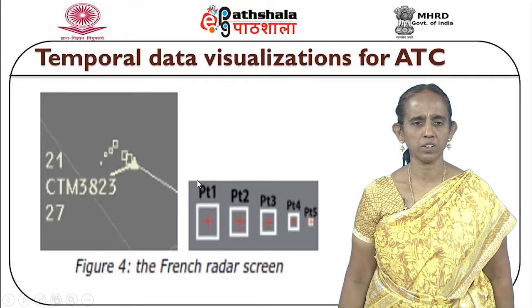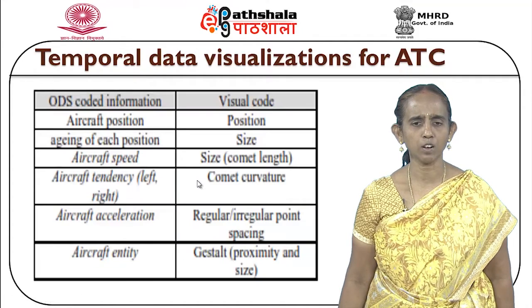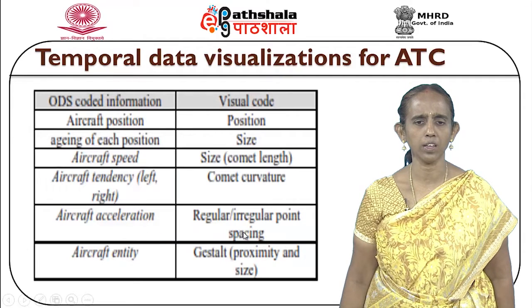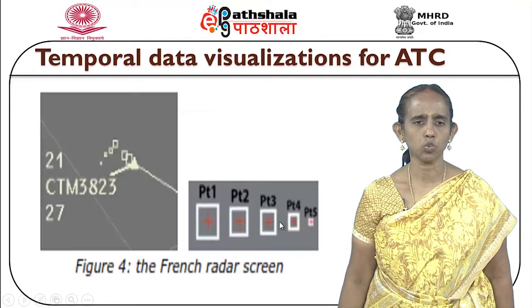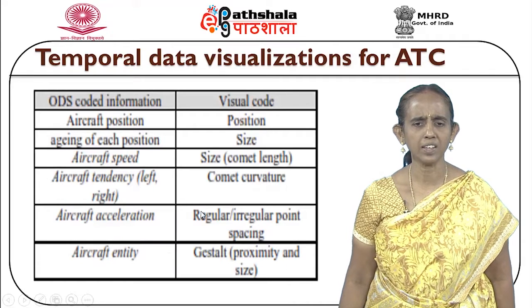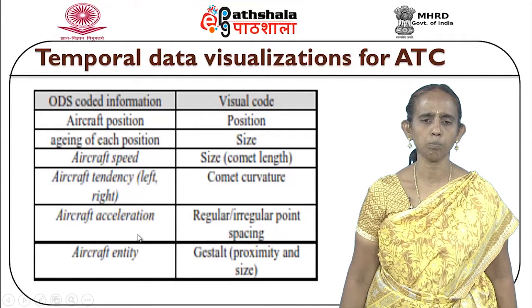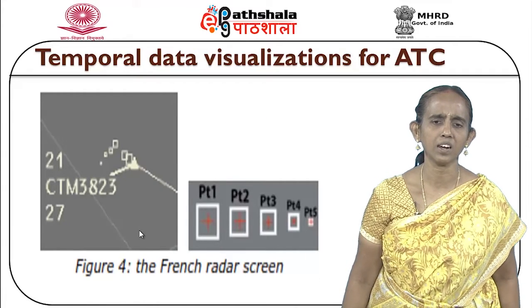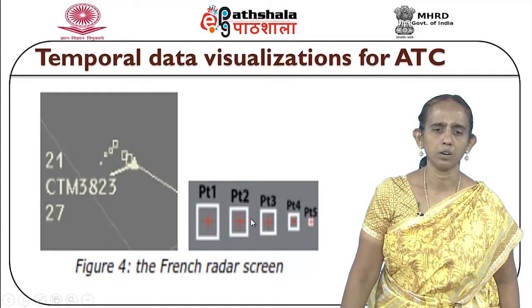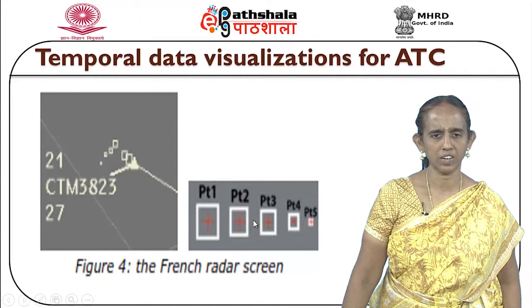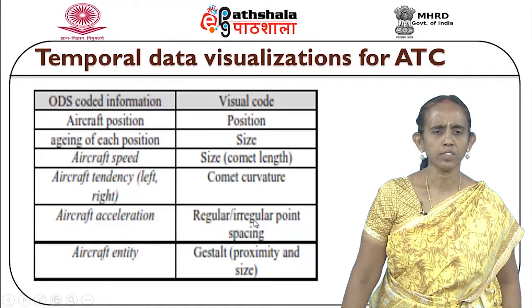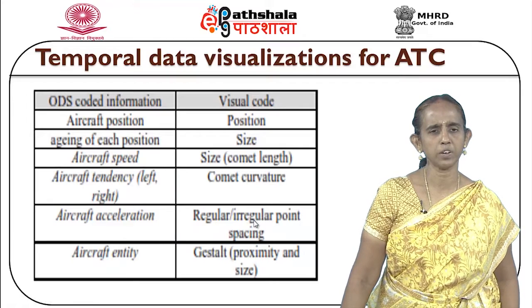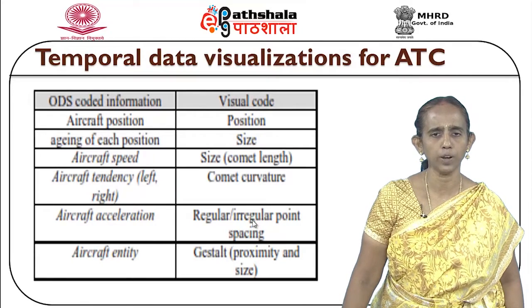Similarly, the aircraft acceleration, that is a regular or irregular point spacing, shows the aircraft acceleration as such, and the aircraft entity is represented with respect to proximity and size basically. Proximity is the nearness of each and every object that is placed on the screen. So this is how the ODS coded information is transformed into a visual code.